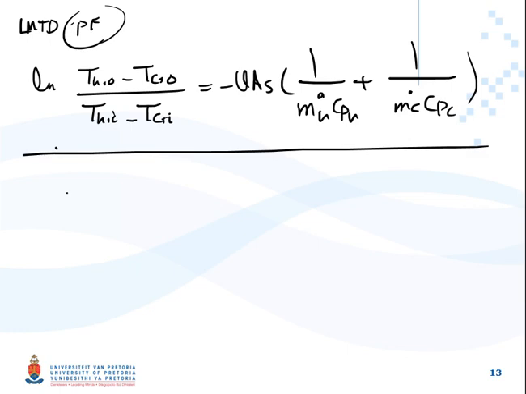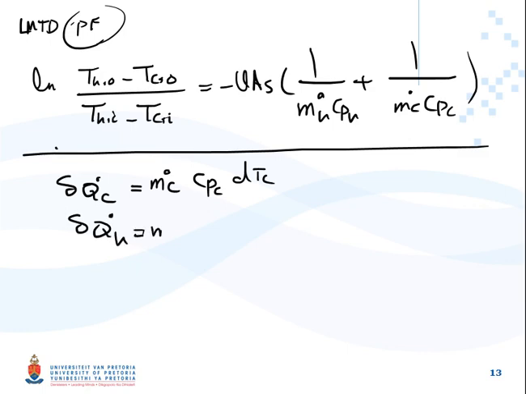From the LMTD method, it was like this: dQ_h was m dot h C_ph dT_h, a very small change in the temperature of the cold fluid or hot fluid.